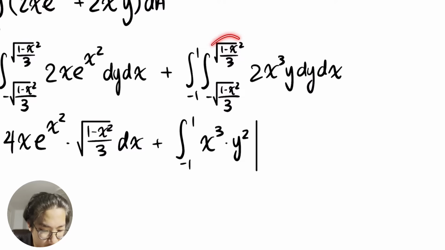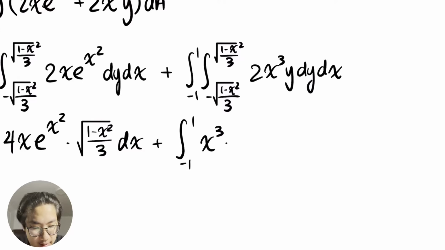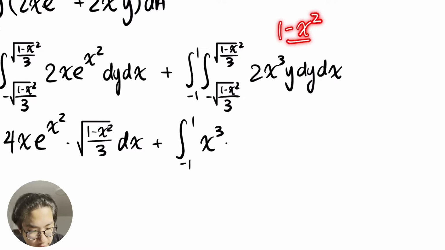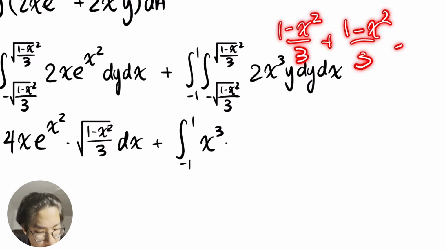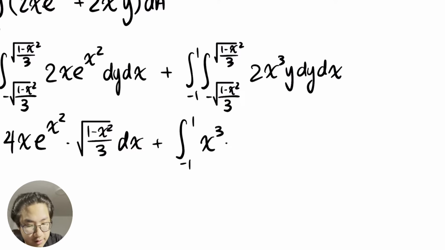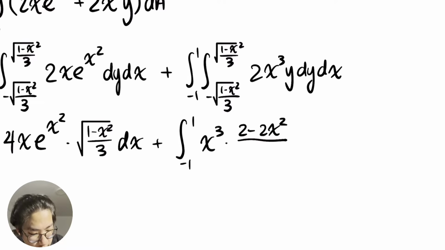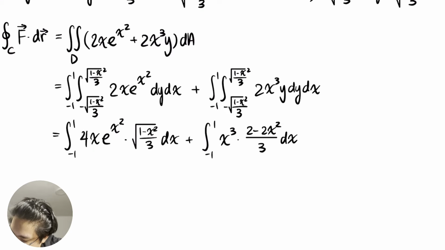So it's y squared evaluated at these 2 points, and you effectively get 1 minus x squared over 3 plus 1 minus x squared over 3, which ends up being 2 minus 2x squared over 3. So 2 minus 2x squared over 3 dx.